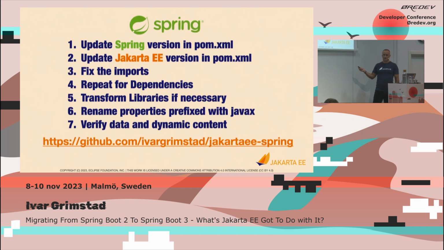To repeat the steps for an upgrade: Spring versions, Jakarta versions, fix imports, repeat for dependencies. Most of this can be automated with OpenRewrite. And then transform libraries if necessary. If you can avoid it, that's good, but it's a technology that's available. And rename any bootstrapping stuff with javax. So it's all about javax goes away to Jakarta, but carefully.